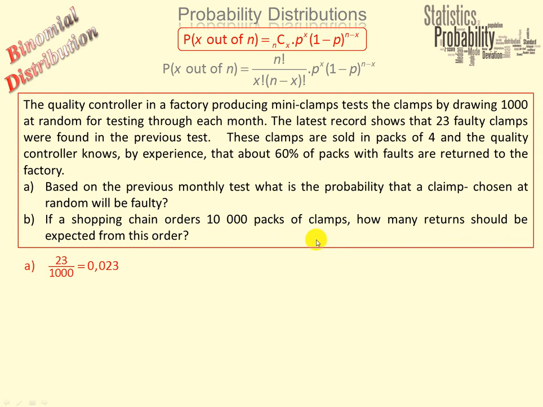First of all, we have to work out the probability of 1 pack of 4 having a faulty clamp. From there, we can work out by multiplying how many of the 10,000 are likely to have a faulty clamp by multiplying by the probability of 1 being faulty. And then we'll have to take 60%.